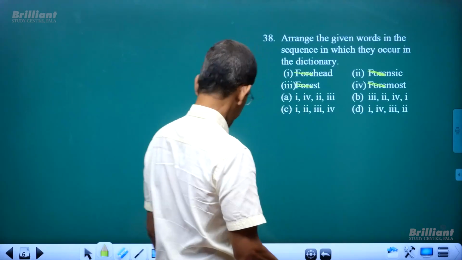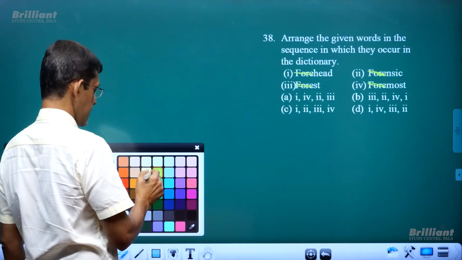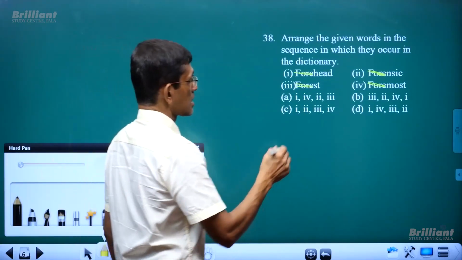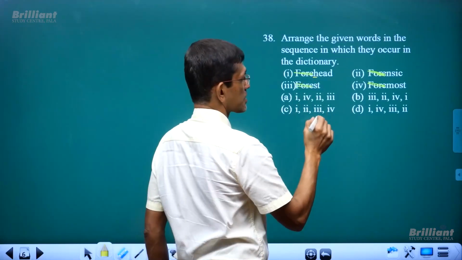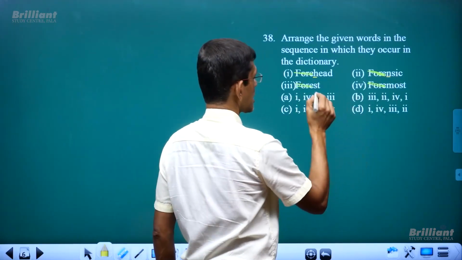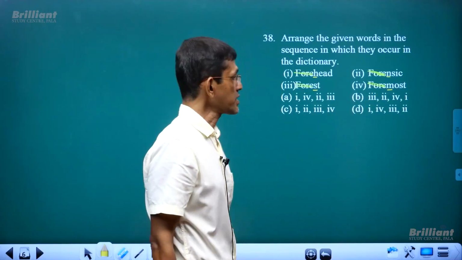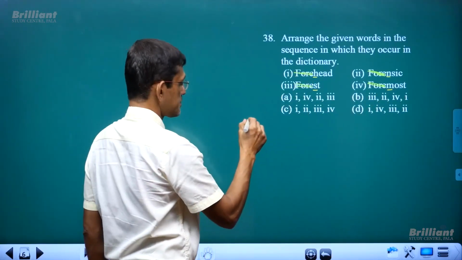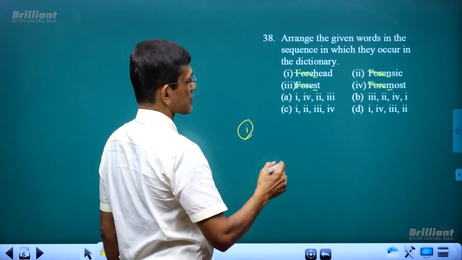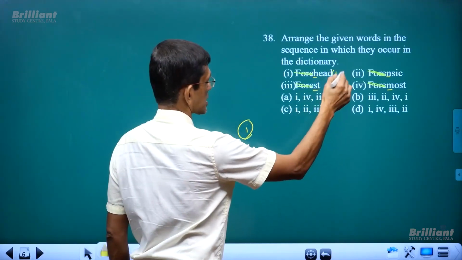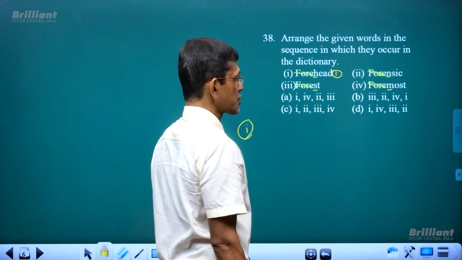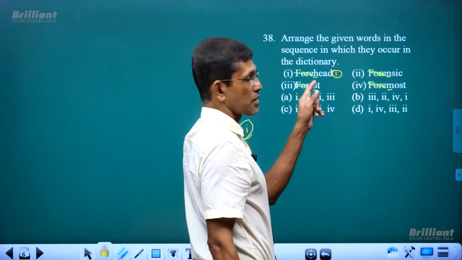Now, we are looking at the next set of letters here. So this is H, here N, here it's S, and here it's M. So which comes first? H. So 1. After 1, this is marked as 1, and which one is 2? M, right?